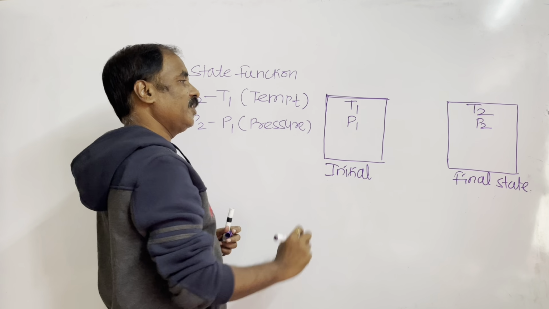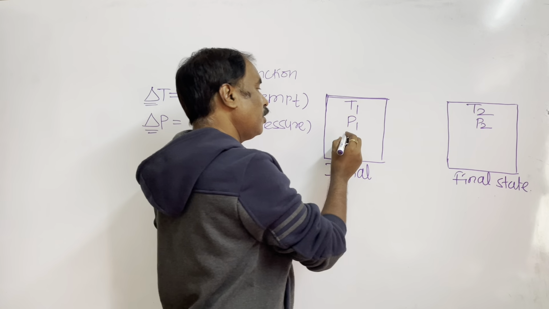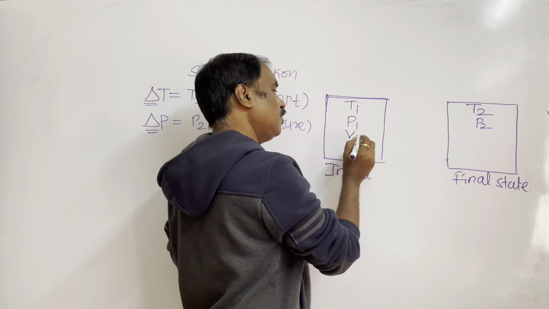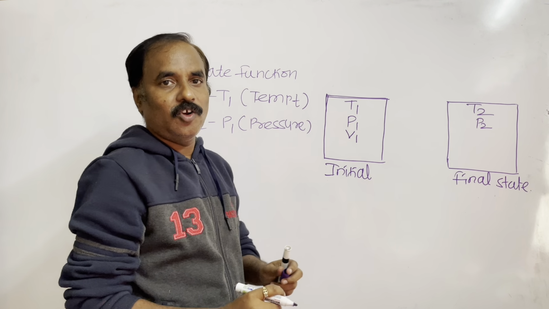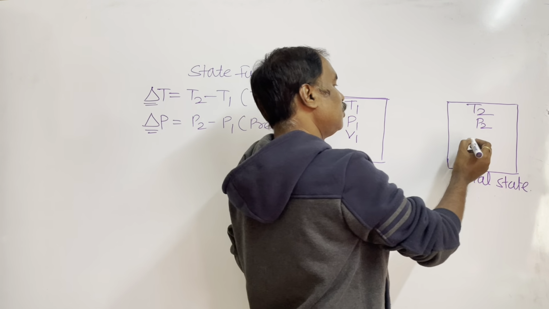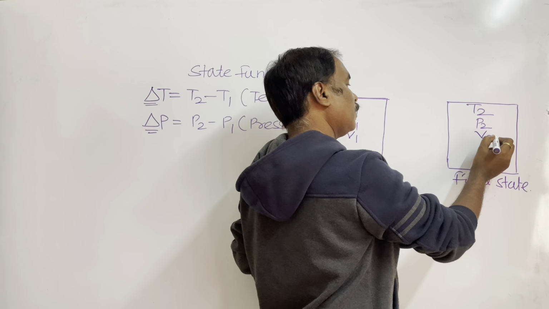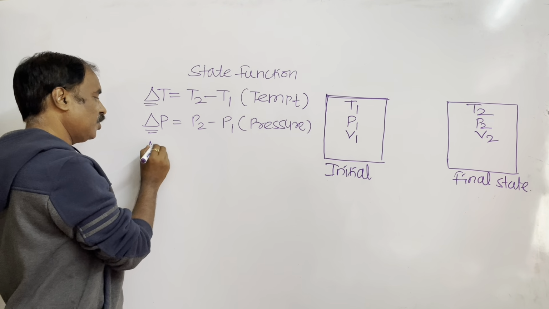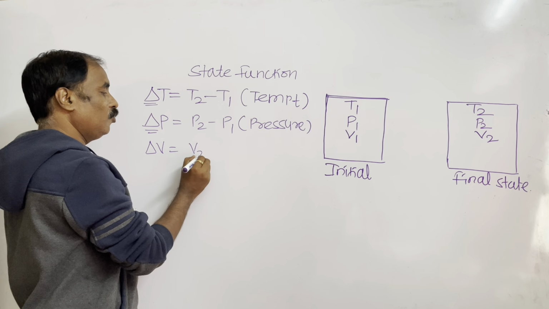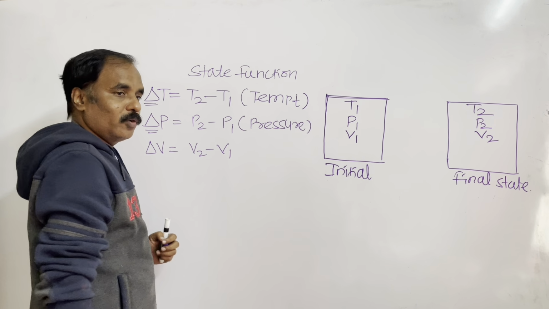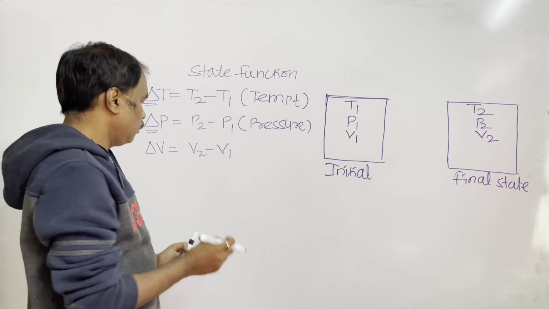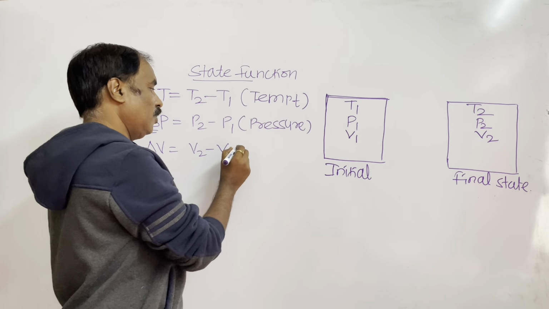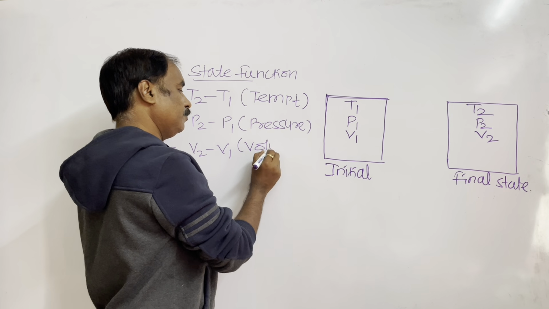Before internal energy I will take volume V1. इसका volume है V1, initial state का volume है V1, और here final state का volume है V2. So what is change in volume? Here delta V is equal to V2 minus V1. To calculate change in volume, delta, again it indicates what? It is state function, and volume is also state function.